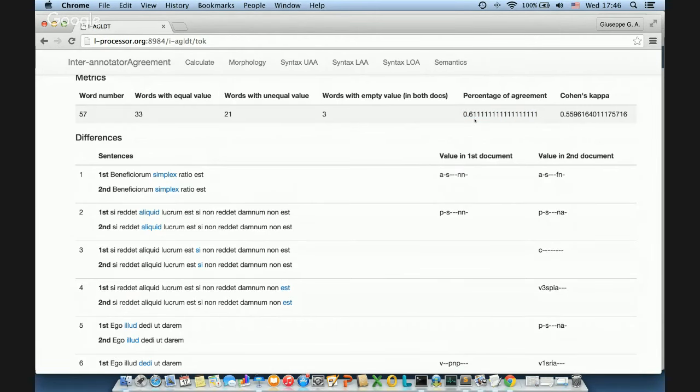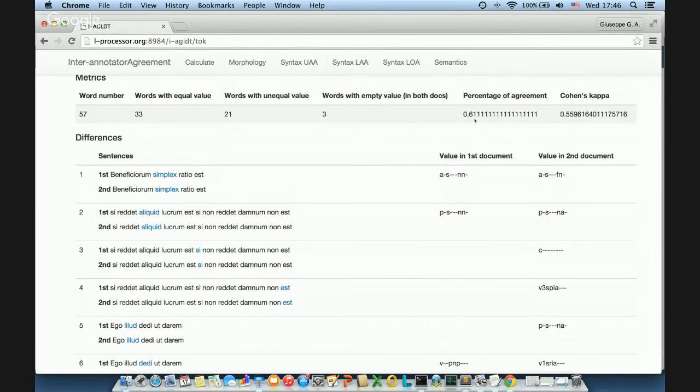Well, it's not extremely bad, especially if you don't know Latin very well, or you are an absolute beginner. So it's not a bad result, but of course we need higher values if we wanted to incorporate this text, for example, into a corpus.